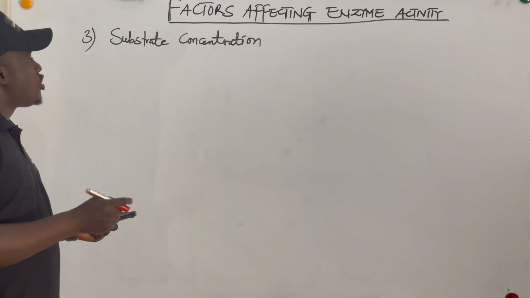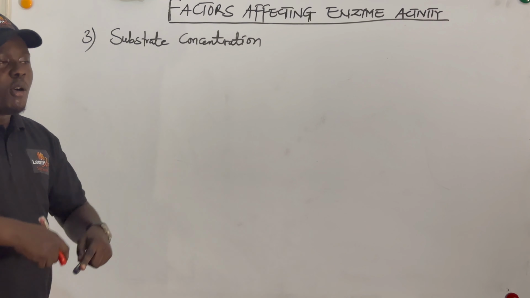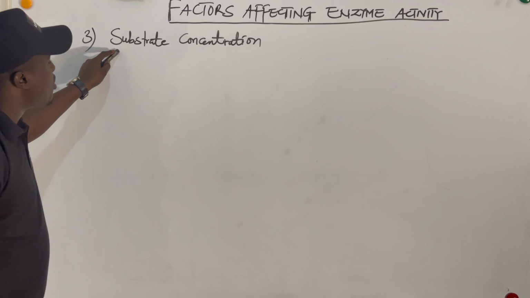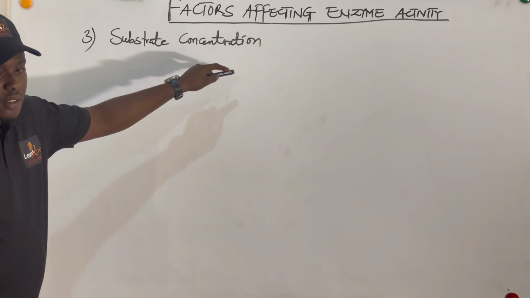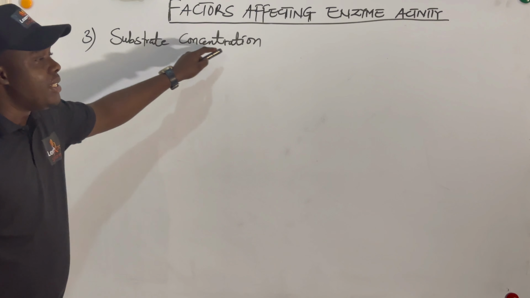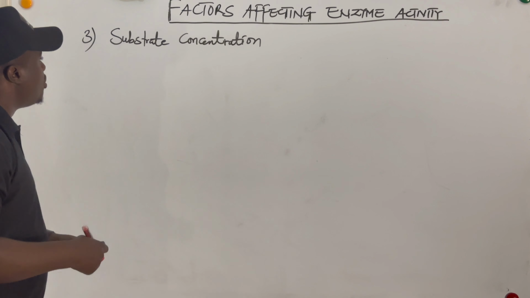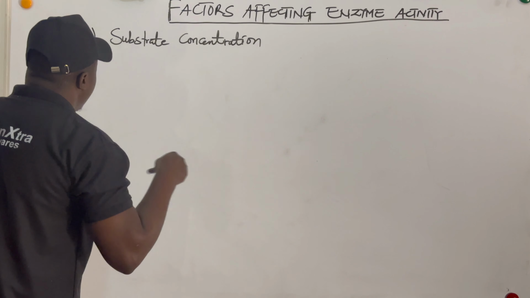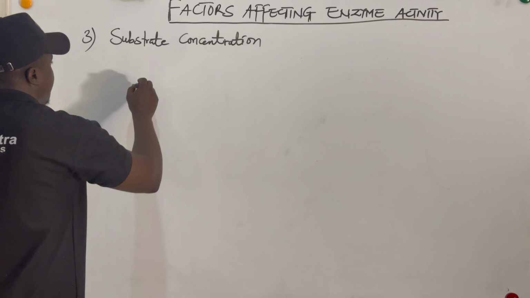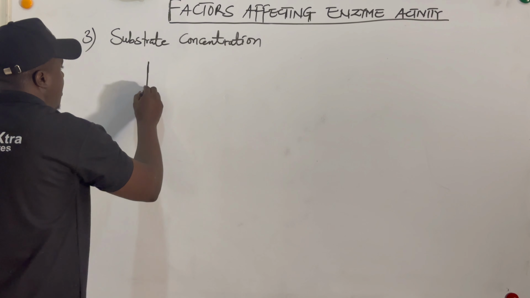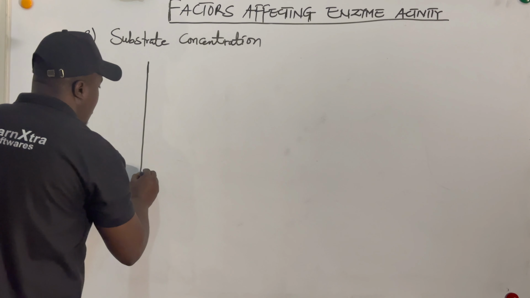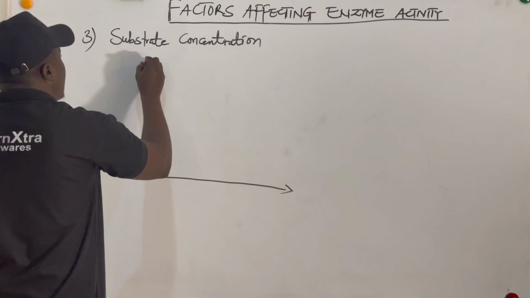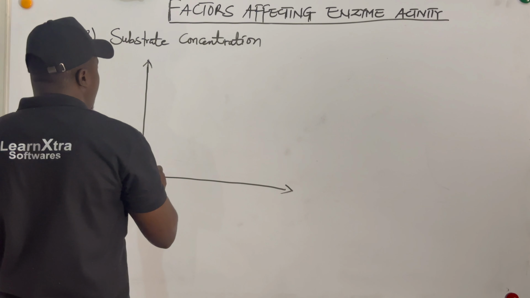If you have much substrate, it means you need more enzymes that will take up those substrates. Now, the enzyme will act on the available substrates, right? Such that when it is saturated, it can no longer do much work. That is why if you look at the curve for substrate concentration, it goes this way.